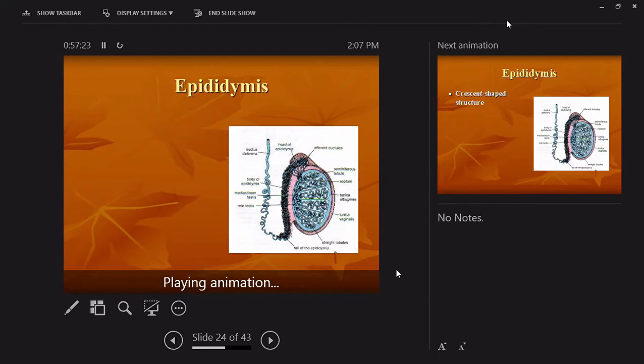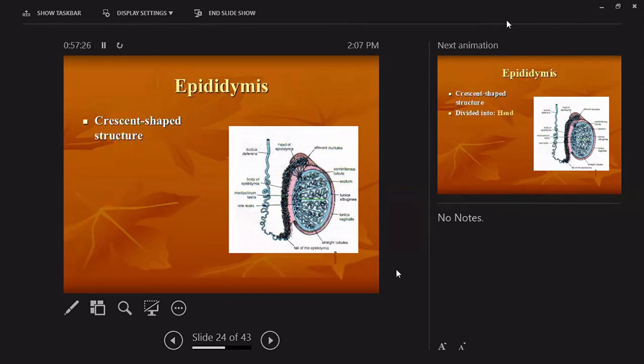It's a crescent-shaped structure. Beautiful shape. It is divided into the head, the body, and the tail. The tail of the epididymis becomes the long ductus.